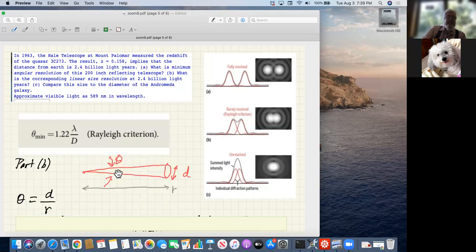So here is diffraction through a disk or through a circular hole. So this is the diffraction of light coming through a circular hole. For example, coming through a telescope.